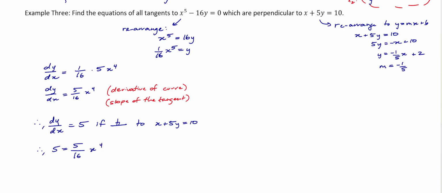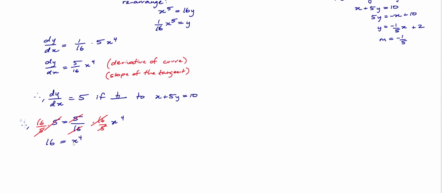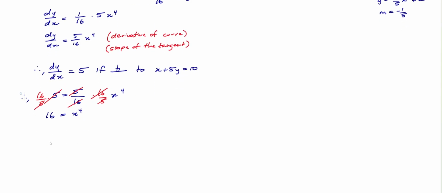I want to get x by itself, and you may have guessed it from before. I'm just going to multiply by the reciprocal of the coefficient there. And the 5 and the 5 cancel, and the 16 and the 16 cancel, and the 5 and the 5 cancel here. So 16 is equal to x to the power of 4. Well, what number raised to the power of 4 gives us 16? That could be positive 2, but it could also be negative 2.